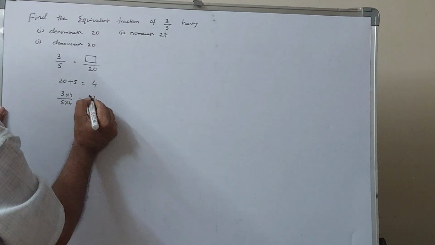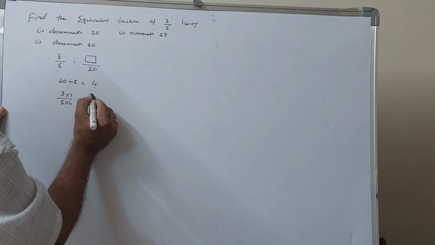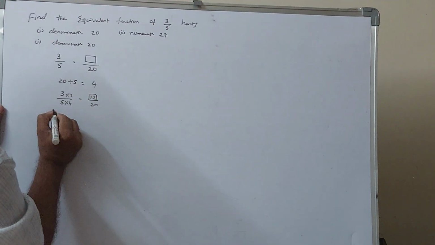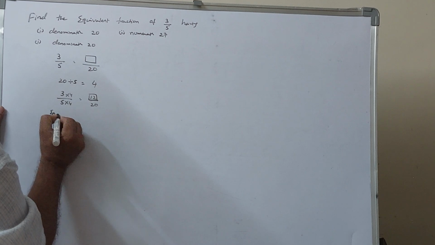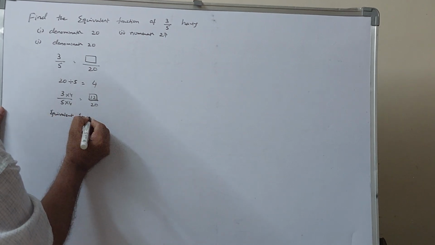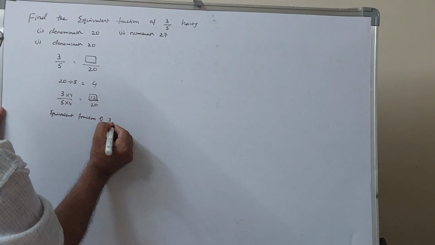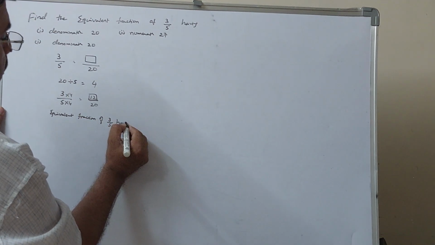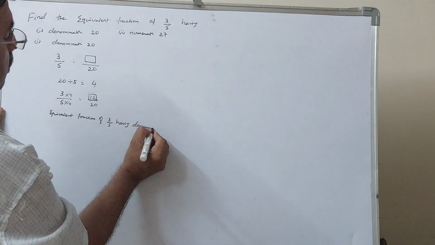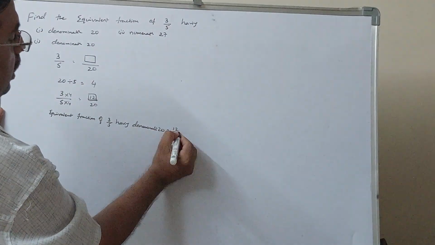So we got denominator as 20 and numerator as 12. So the equivalent fraction of 3 by 5 having denominator 20 is 12 by 20.